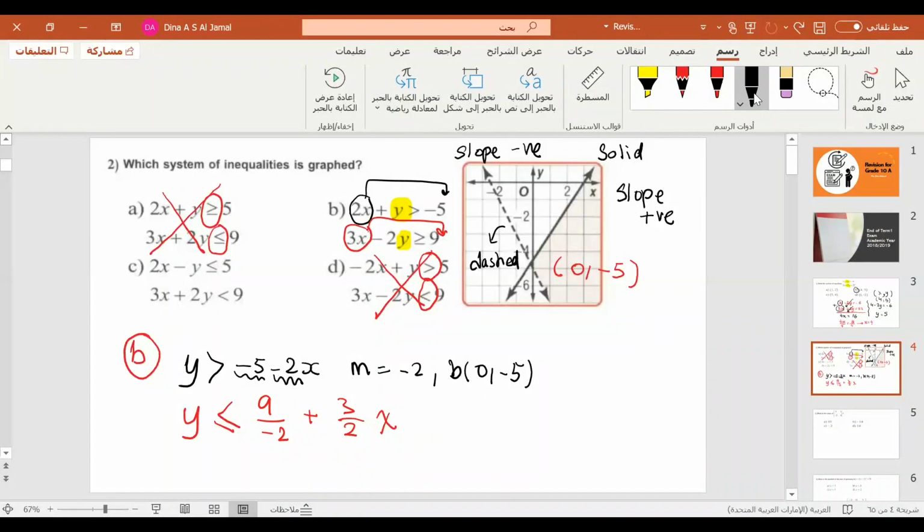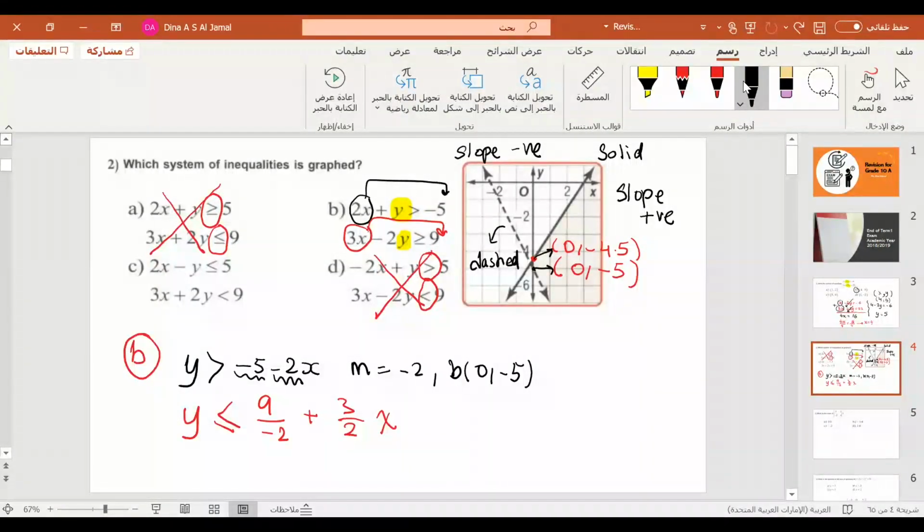Now let's look at the other one. Here the y-intercept will be a bit higher, so it will be (0, -4.5), and this is for the solid line.